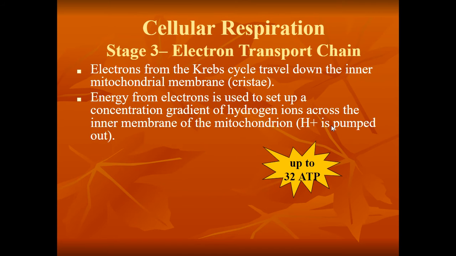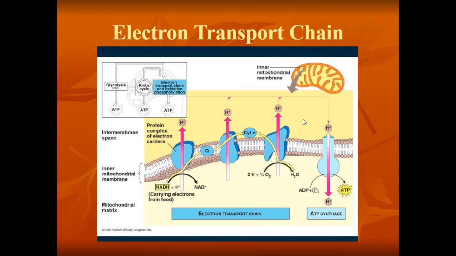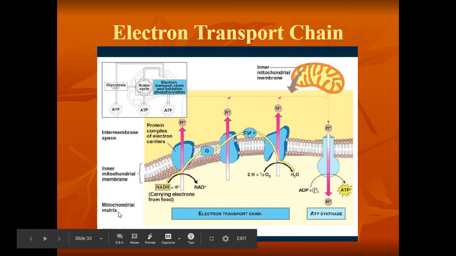Since all this was a big thing to kind of go through, I'm just going to show you what happens in it. So the inner mitochondrial membrane is like these spaces in here. This is the inner membrane space, and this is the matrix, the inner part here.